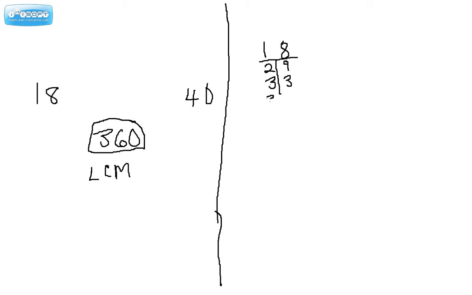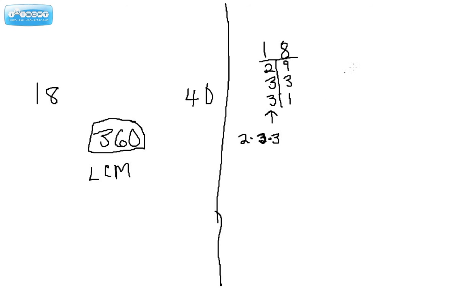And 3 goes into itself 1 time. So we look at this side, and our prime factorization is 2 times 3 times 3. The prime numbers are down the left side. So 18 is 2 times 3 times 3.